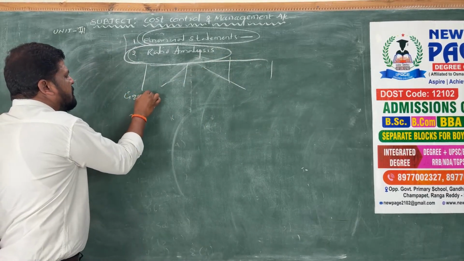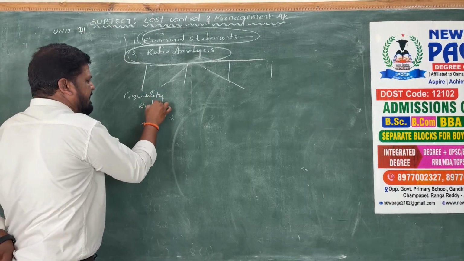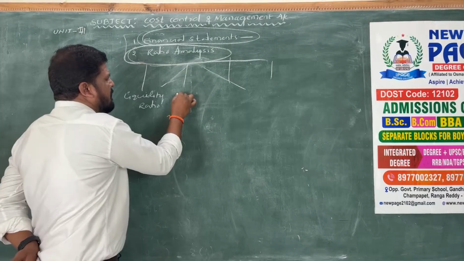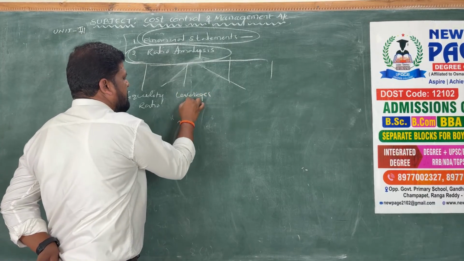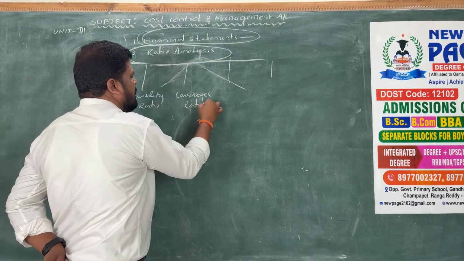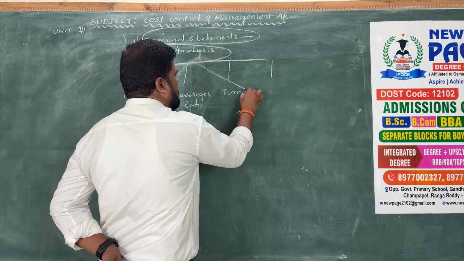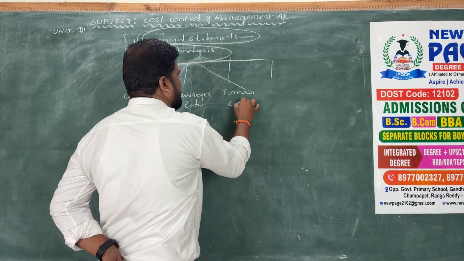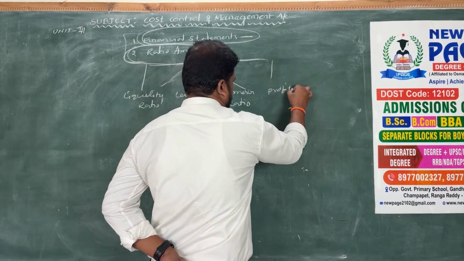Liquidity ratios, second one leverage ratios, third one is turnover ratios, fourth one is profitability ratios.